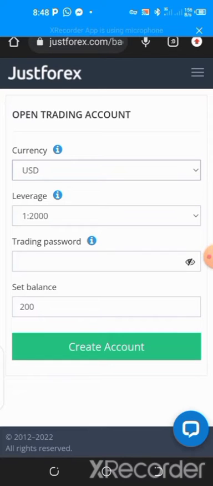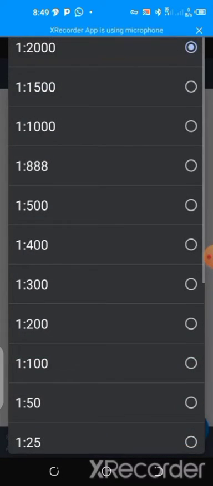The leverage is like the amount that the organization or the broker is willing to give you. This broker has leverage up to 1:2,000.